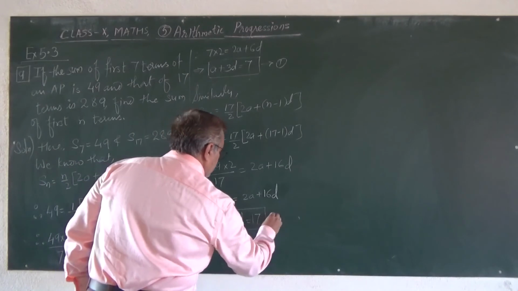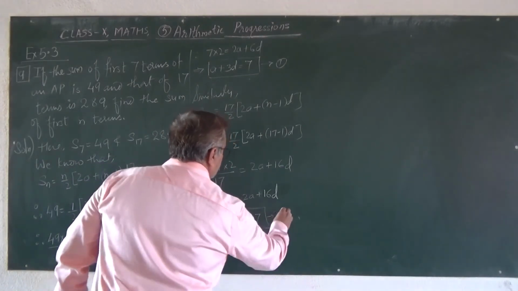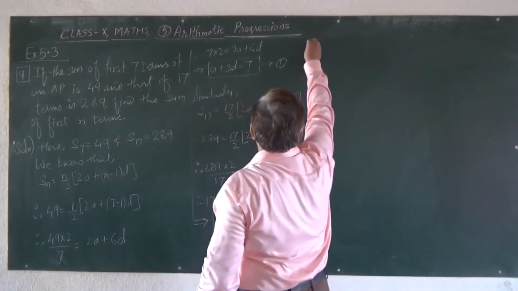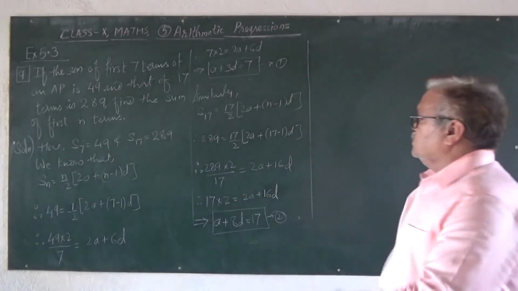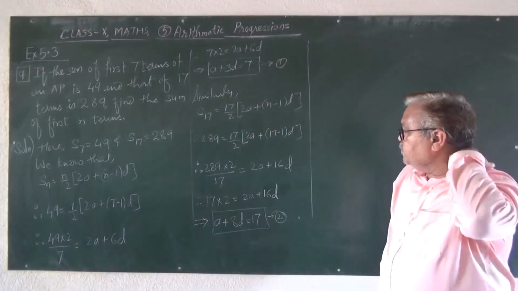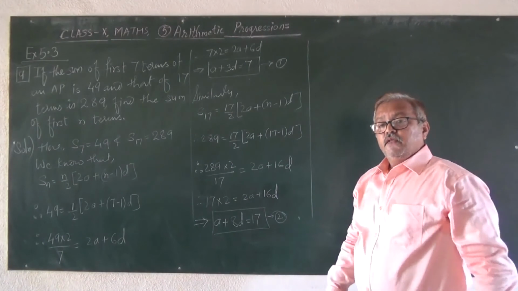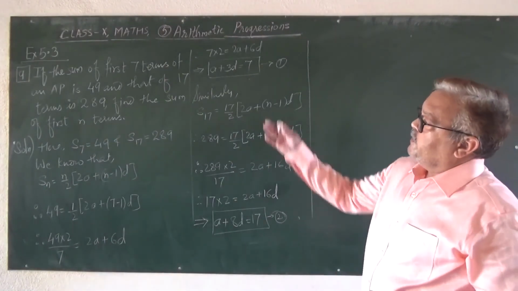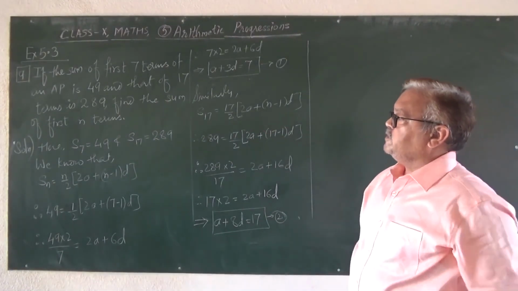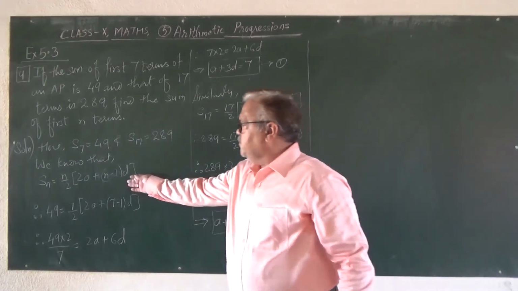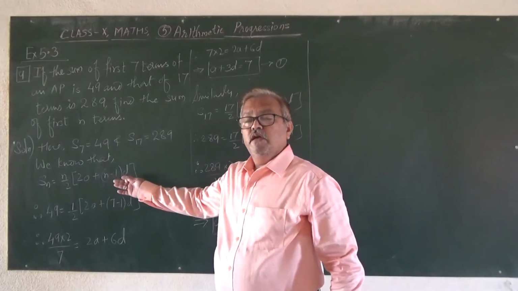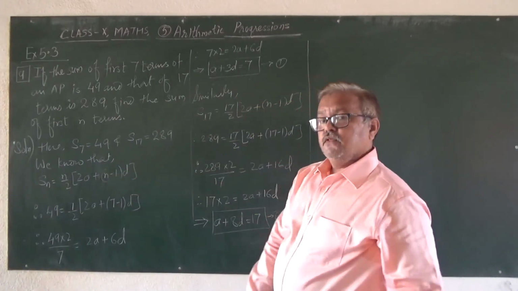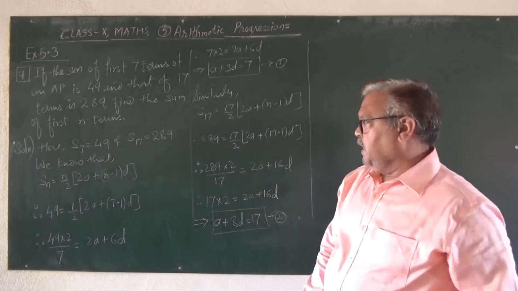We call this equation 2. Now by solving 1 and 2, you will get a and d. Once you get a and d, you can find the sum of the first n terms using this formula. You have to substitute the value of a and d, and you will get the sum of the first n terms in terms of n.